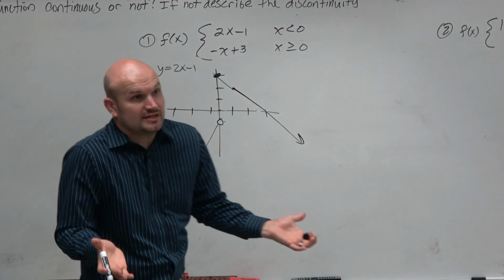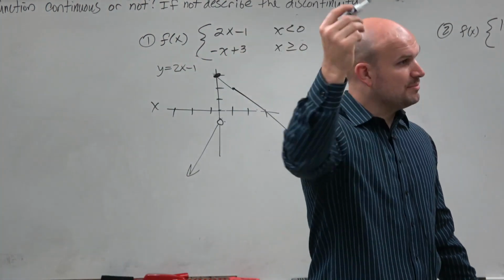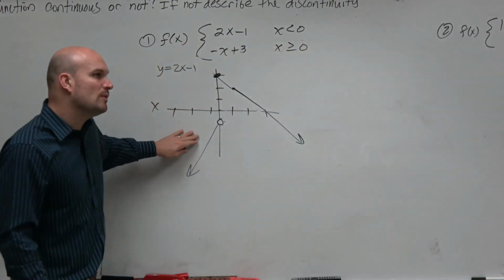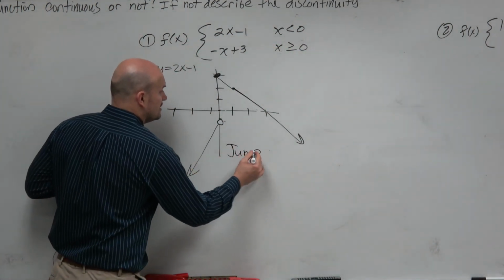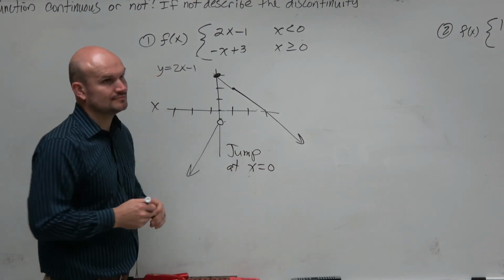But either way, you can look at this graph and say, is it continuous? Can I draw the graph without lifting my pen or marker off of the board? And the obvious answer is no, it is not continuous. So therefore, we say, well, then what type of discontinuity is it? And you can say that is a jump discontinuity at x is equal to 0.